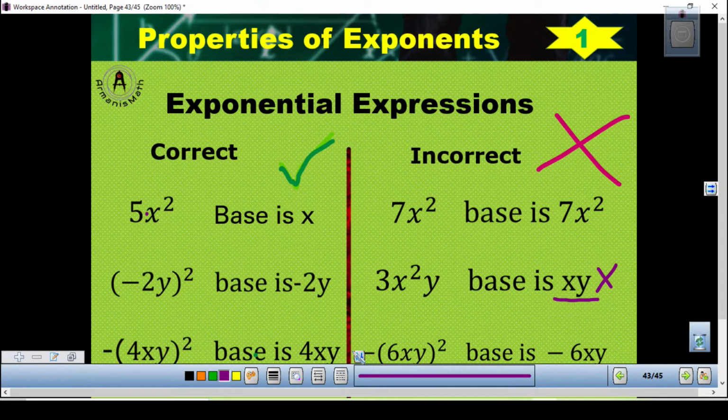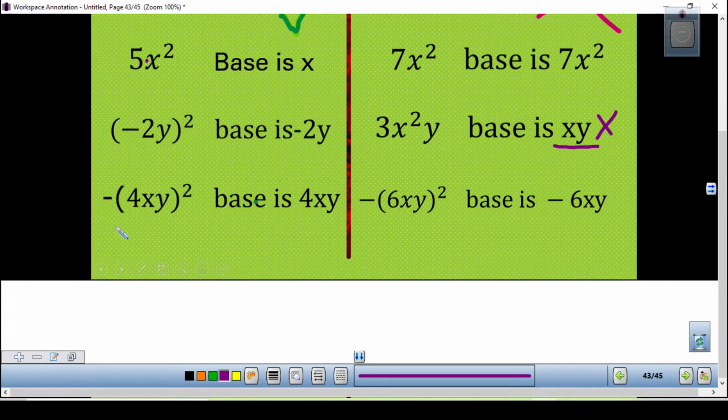The last one is here, and on the left side, this is the correct side. I have a negative outside the parentheses, and then I have 4xy quantity squared. So the base for this one would be 4xy. Anything in the parentheses is part of your base. Now take a look at this side here.